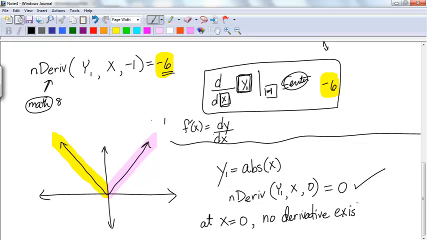But your calculator gives you an answer. So you have to be smarter than the calculator. Just because you type it in and it gives you an answer doesn't mean it's correct. This is one of the points where a derivative does not exist, and that is at a sharp corner.